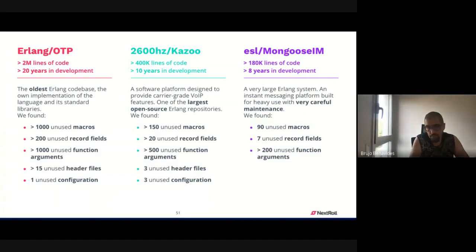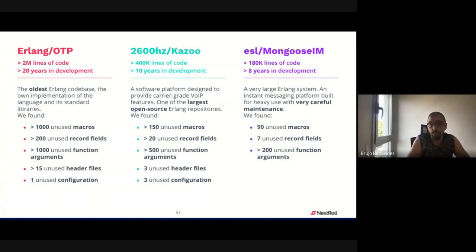And as expected, we found tons of unused macros and record fields and function arguments and header files, etc. We even found one piece of configuration that's unused. We also ran it on Kazoo, which is tricky because Kazoo uses Erlang.mk, I think, instead of regular config, but we did some things there, and we ran the tool, and we found lots of macros and record fields that are unused, way less than Erlang OTP, but still.